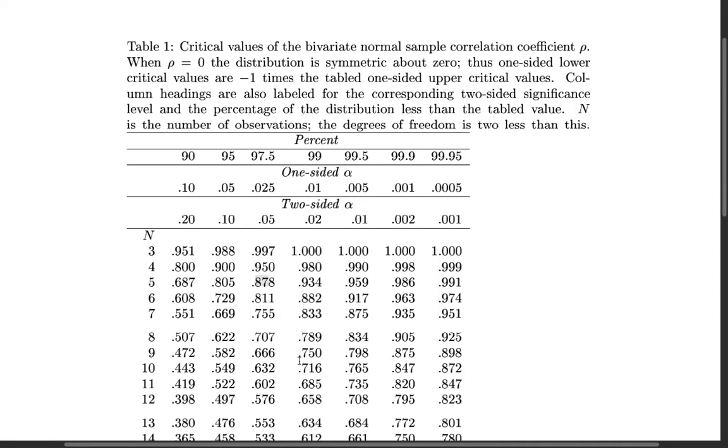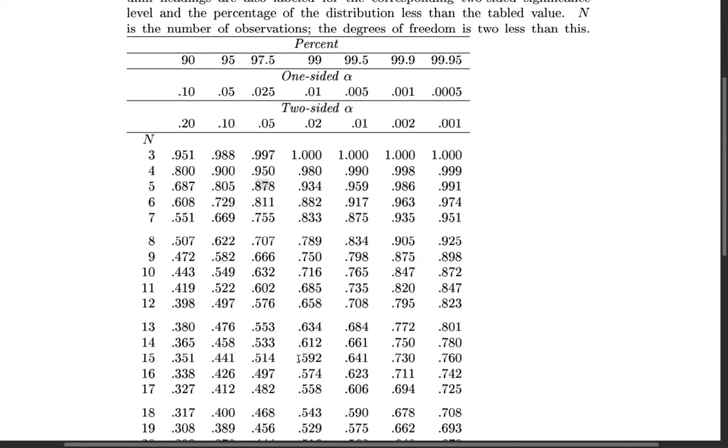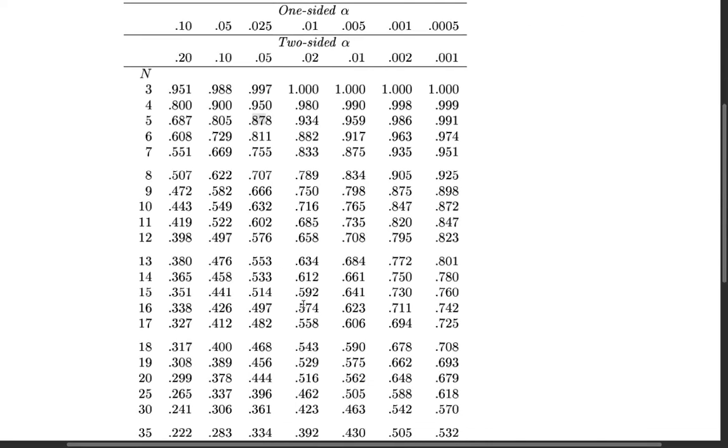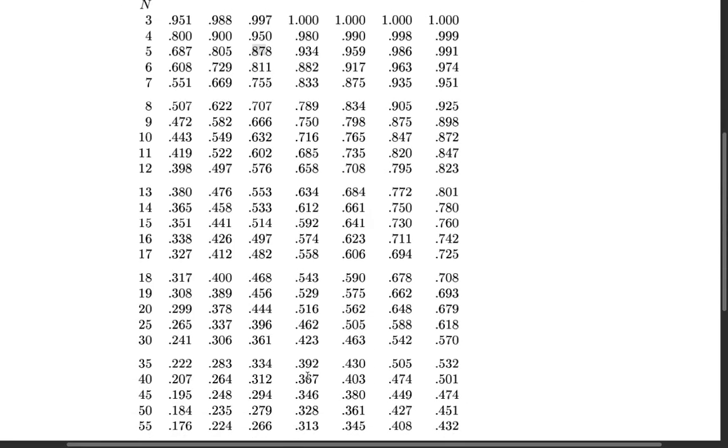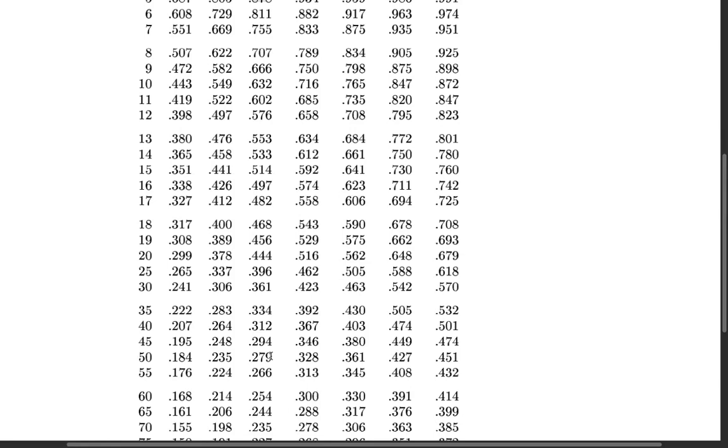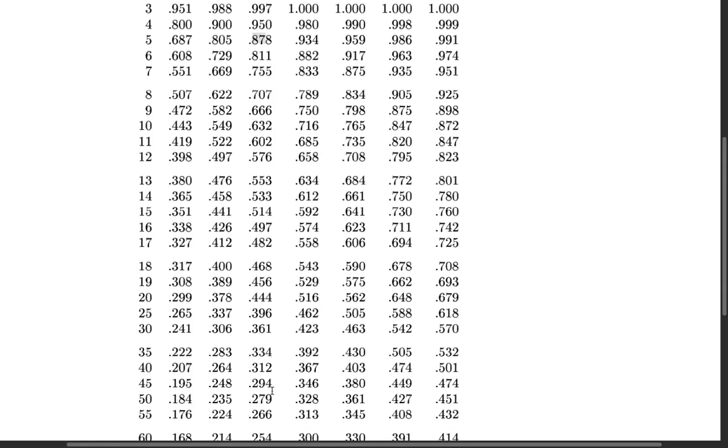Now, chances are, if we put more people into the analysis, let's say we put another 50 people in, then the number would lower to 0.279, which means that if we had 50 people in the analysis and it came out to 0.39, then we would have statistical significance.